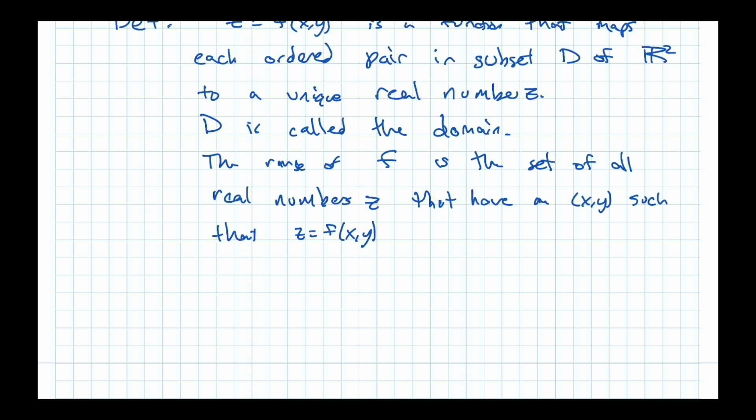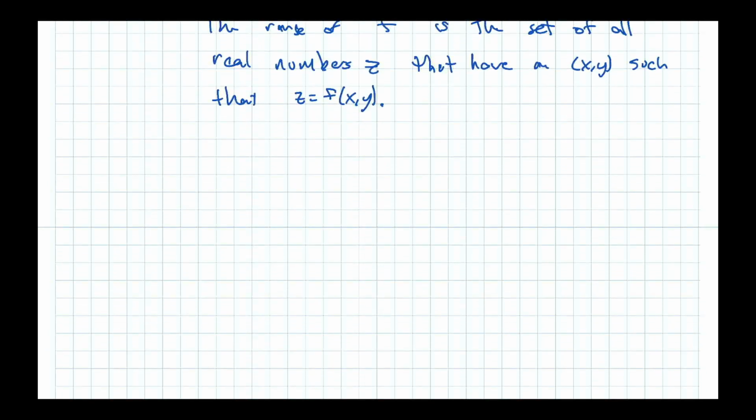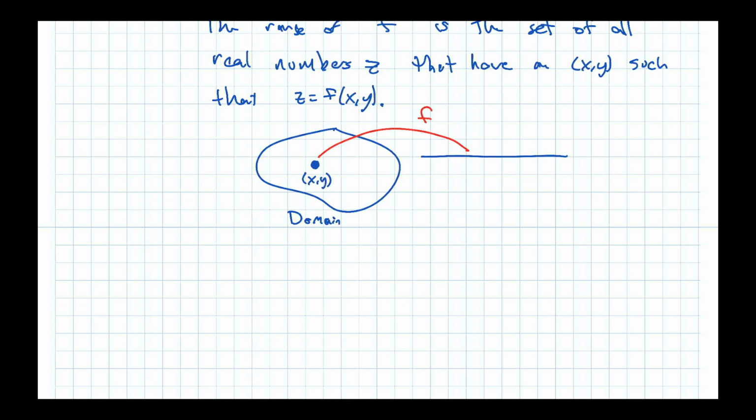All that is saying, and they have a little picture here, I'll draw the picture. The idea is like this. You've got this set here, which is your domain. Everything in the domain is an x comma y. You take that x comma y, you apply the function f, and that takes you to the real line, the number line.